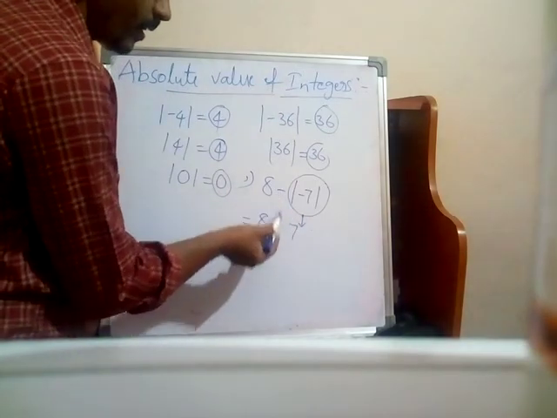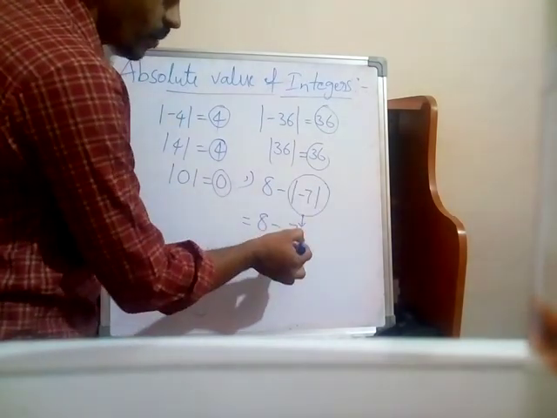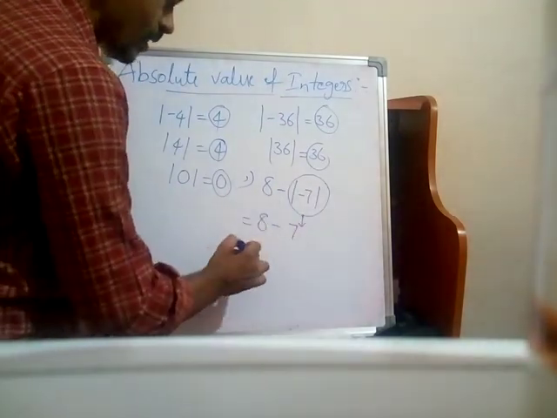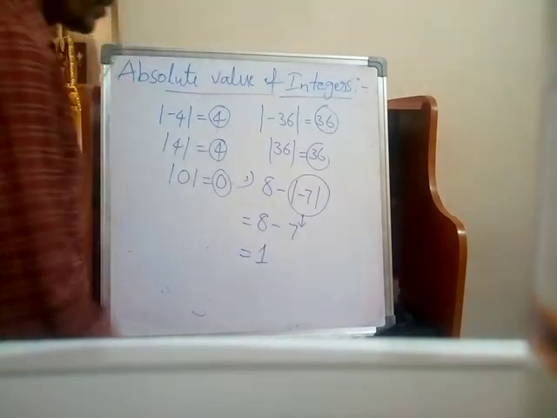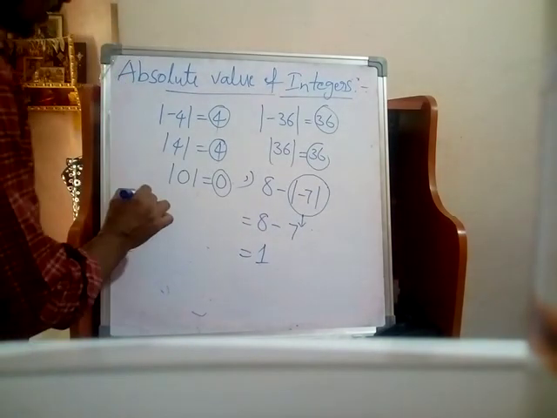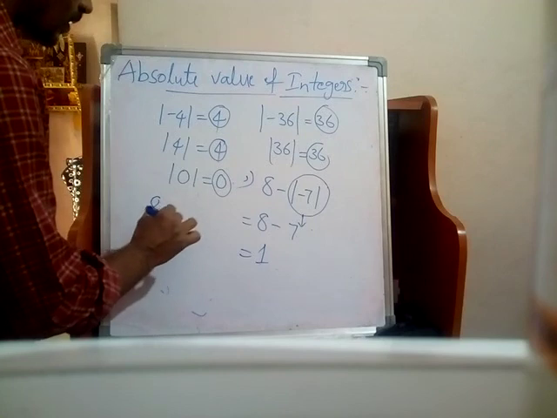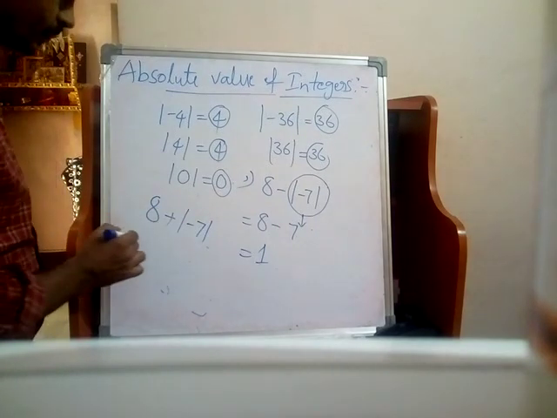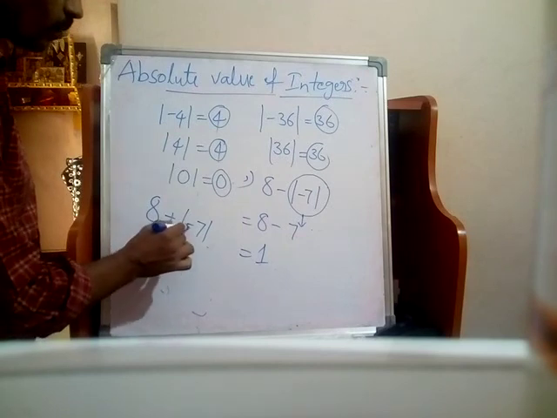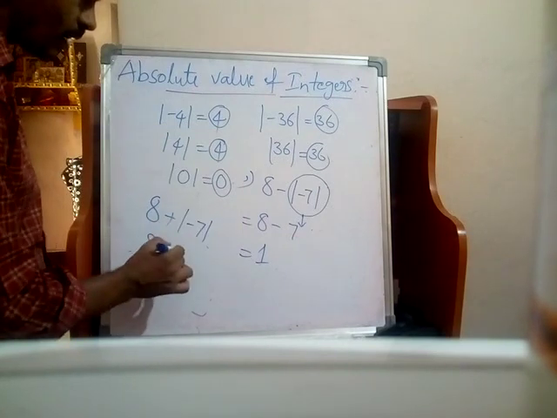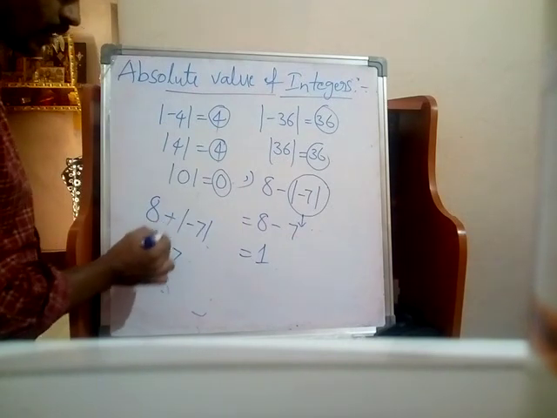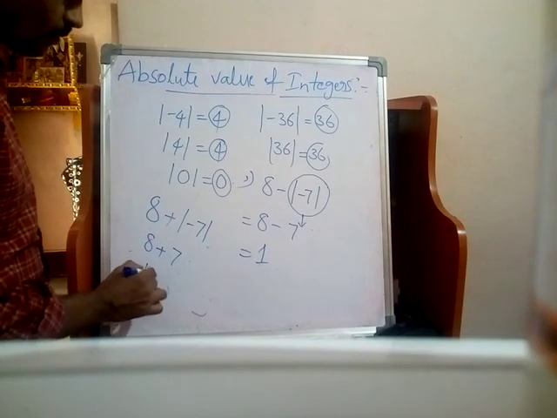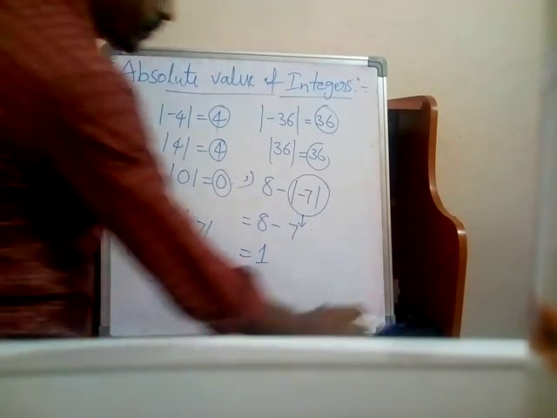Here negative, so 8 minus 7 it becomes 1 only. Okay. Now 8 plus modulus of minus 7. What is this result? Modulus of minus 7 is 7 only. Here plus only. So 8 plus 7, 15.